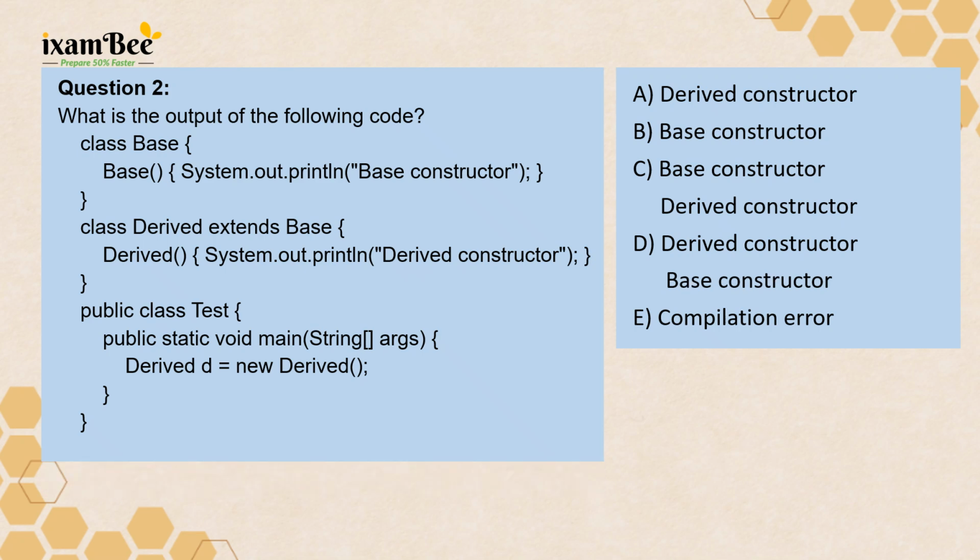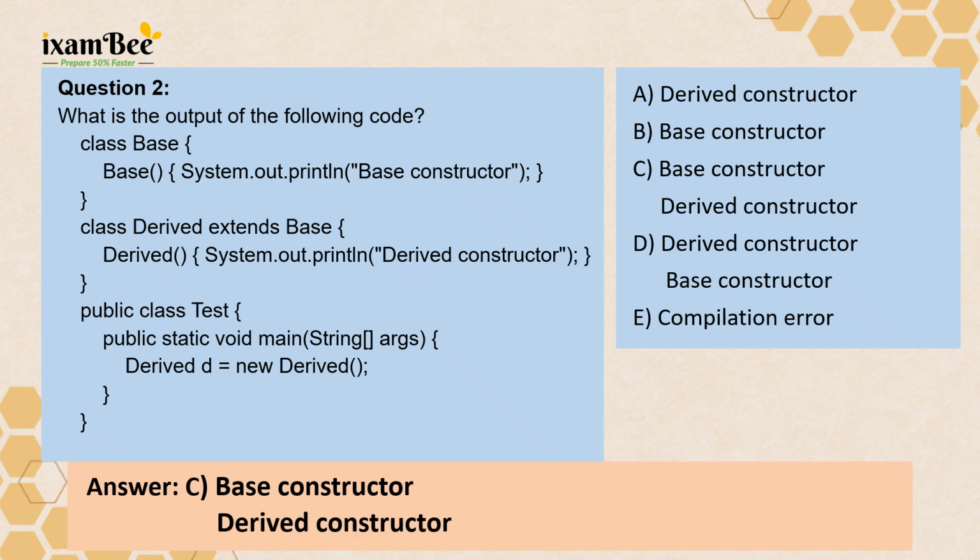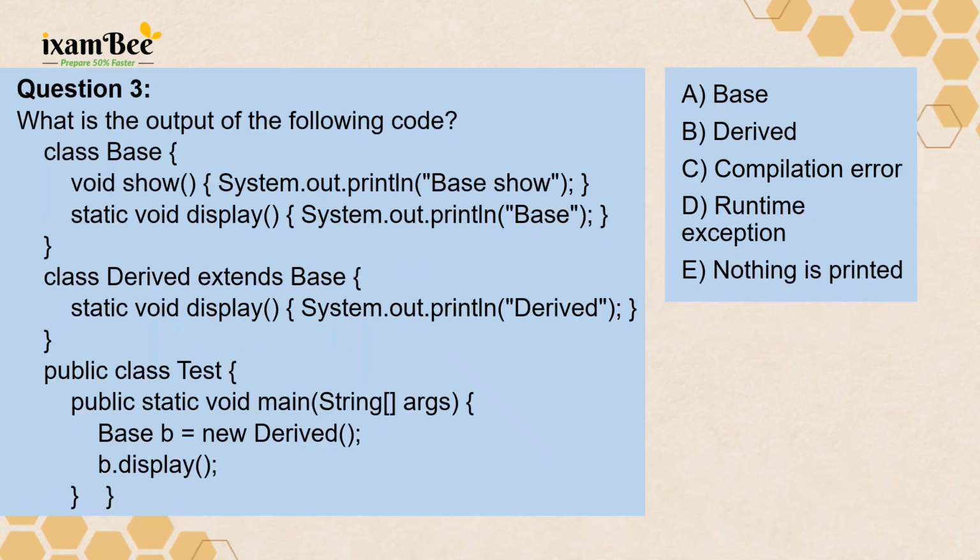Here the answer would be C. First, base constructor would be printed and then the derived constructor. Remember that when an object is created, then it will first call the base class constructor and then the derived class constructor.